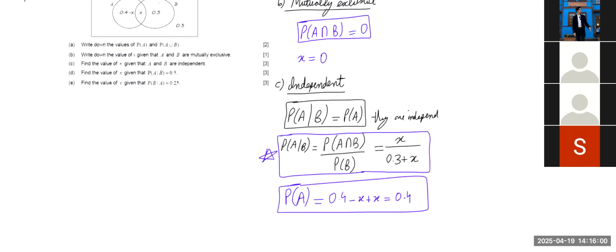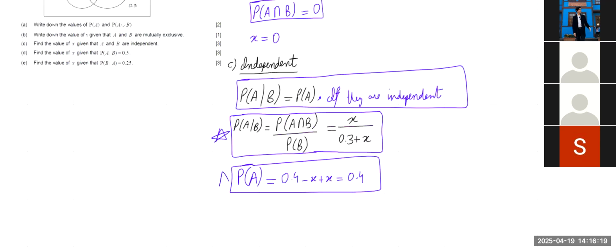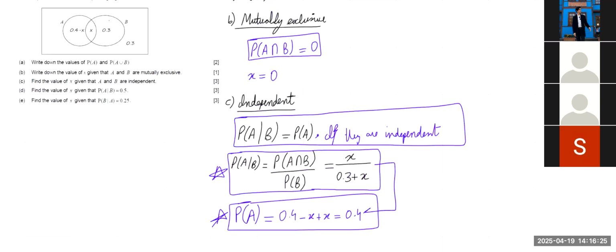And I've already told you that if you want two events to be independent, then you need to follow this requirement. If two things are independent, then this requirement must be followed by them. So I want to find the value of x such that A and B are independent, which means that we need to set these two things equal to each other, because this is what is required for independence.